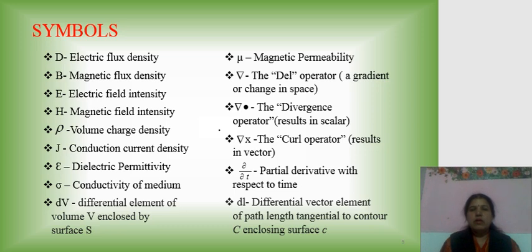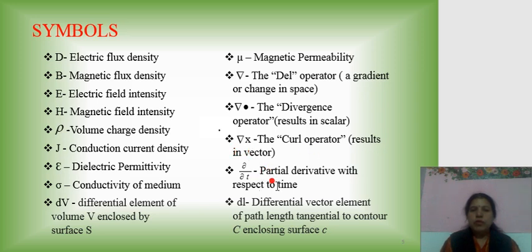The symbol del is the del operator, that is a gradient or change in space. And del dot is the divergence operator, which results in a scalar quantity. Del cross is called the curl operator, it is a vector quantity.